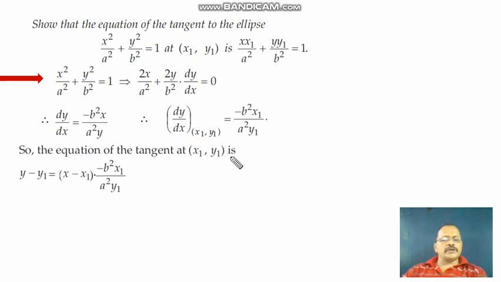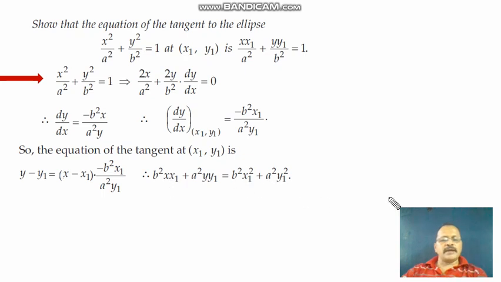And therefore equation of tangent is y minus y1 is equal to slope multiplied by x minus x1. Derivative is slope. Multiply both sides by a square y1. We get b square into x into x1 plus a square into y into y1 is equal to b square x1 square plus a square y1 square.